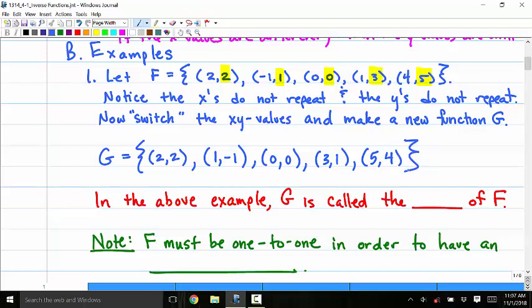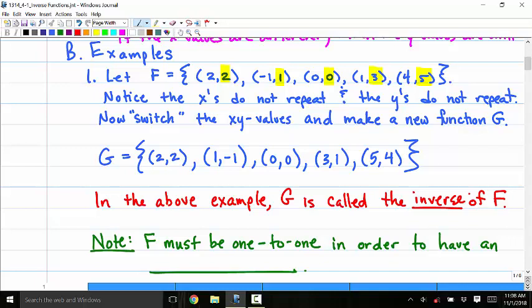When we do that, when we swap the x and y's of a one-to-one function, we create what's called the inverse of f. So g is now the inverse of f. You just swap the x's and y's, exactly.